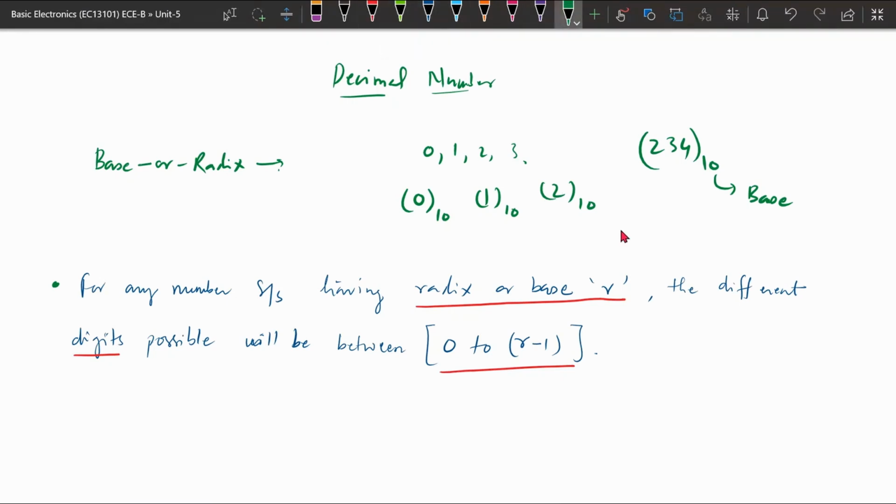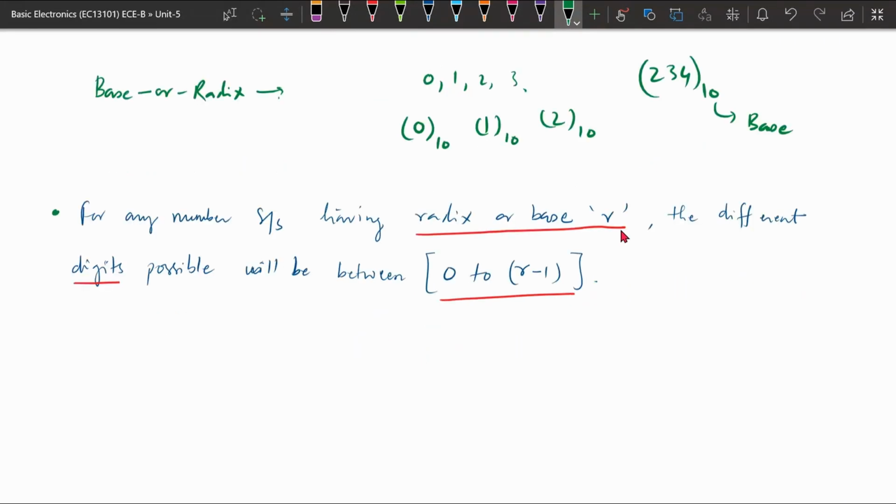As an example, consider the decimal number system and its different digits.